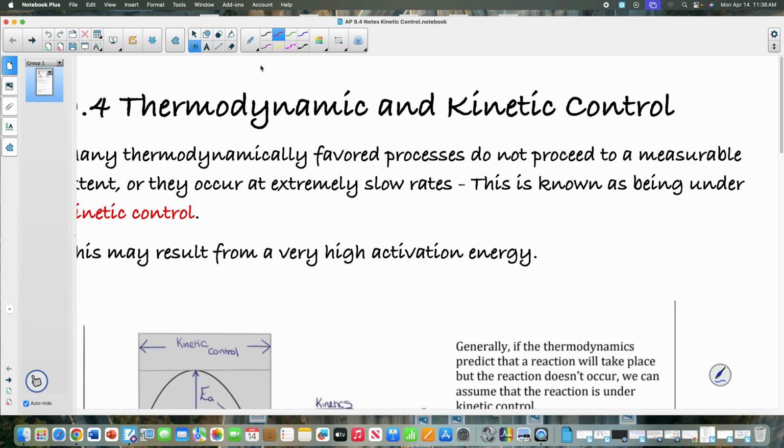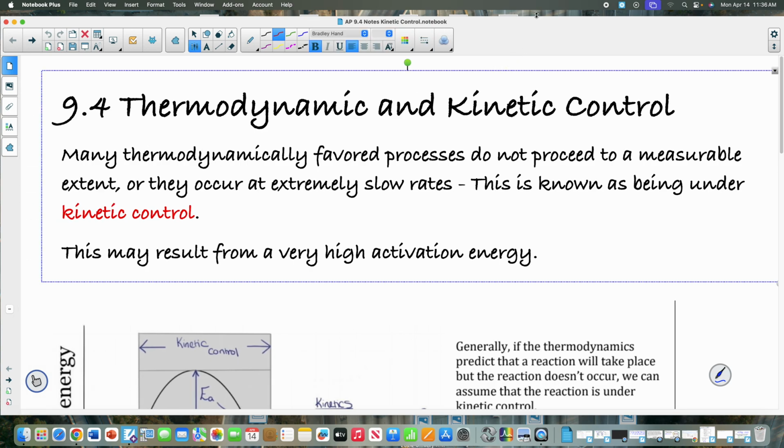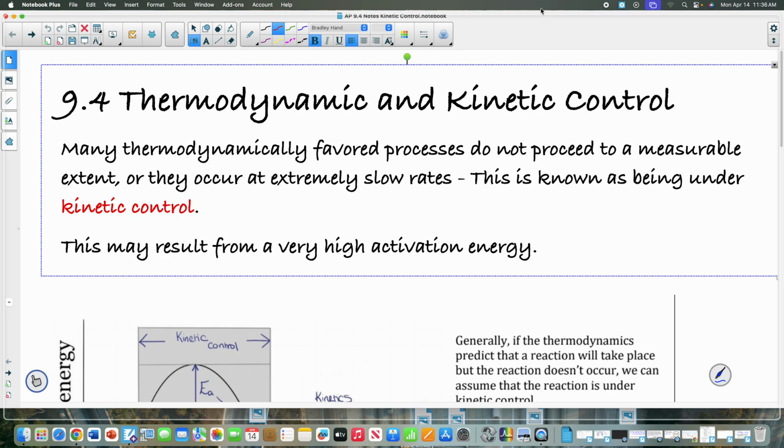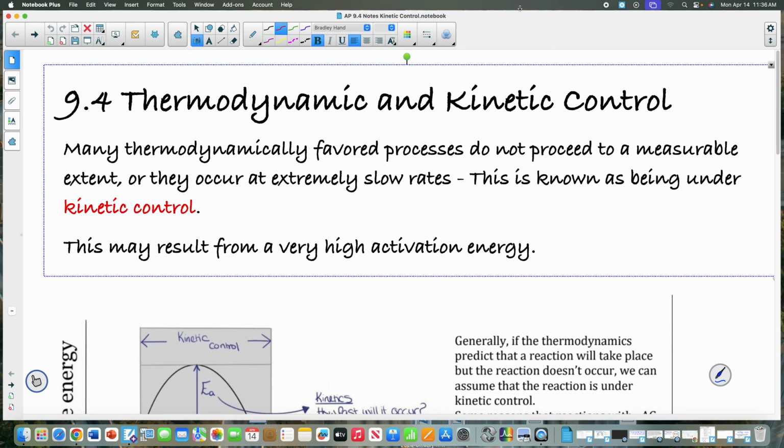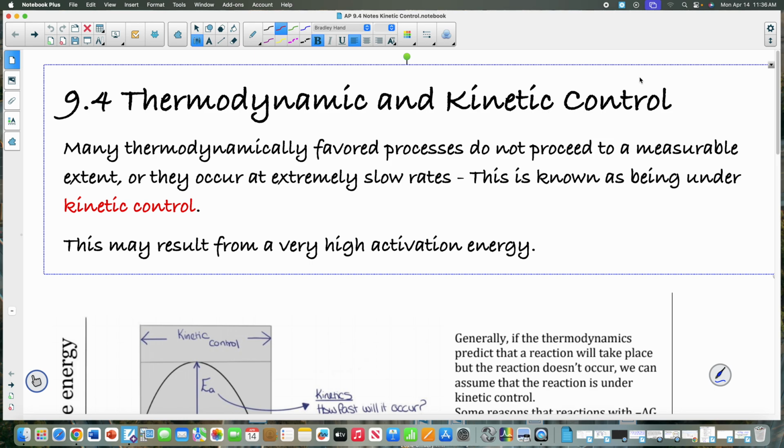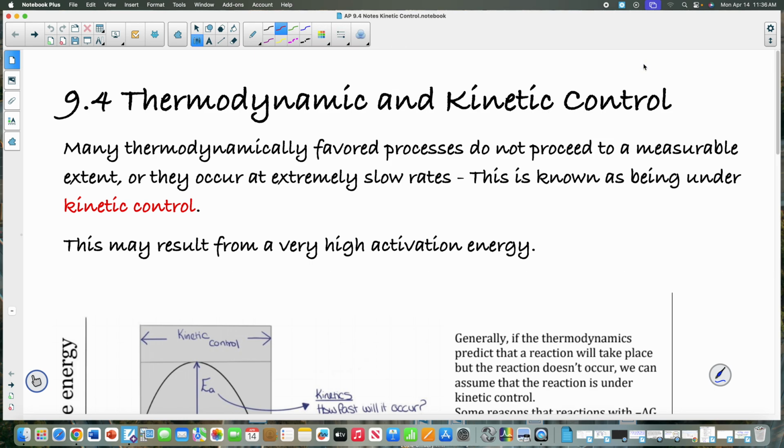Okay. All right. Thermodynamic and kinetic control. Okay. 9.4. Hoping we can get through 9.6 today. I think we can do it because these are quick. I believe in it.